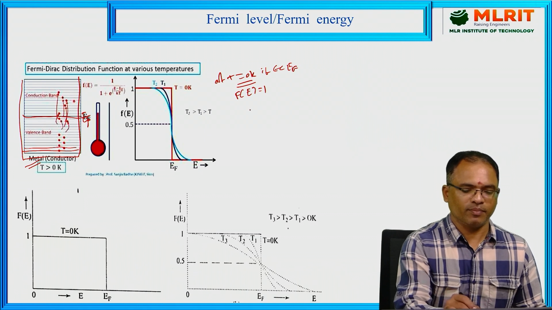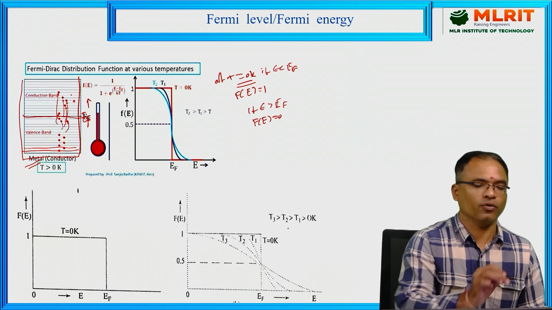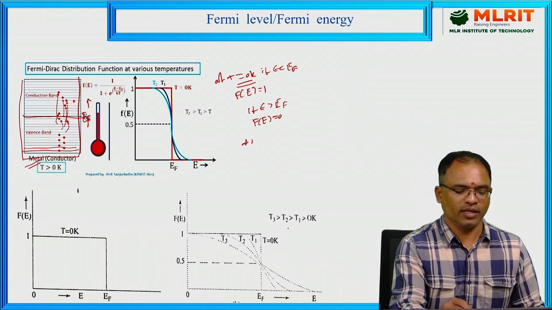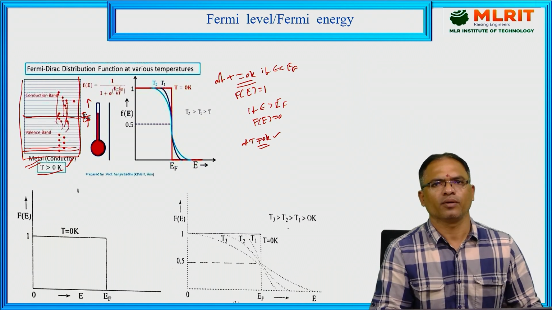At the same temperature, if E is greater than EF, in this case F of E equal to 0, all energy levels above the Fermi level are unoccupied. The third case we have seen already, at T not equal to 0 Kelvin, at any temperature T greater than 0 Kelvin, what happens?